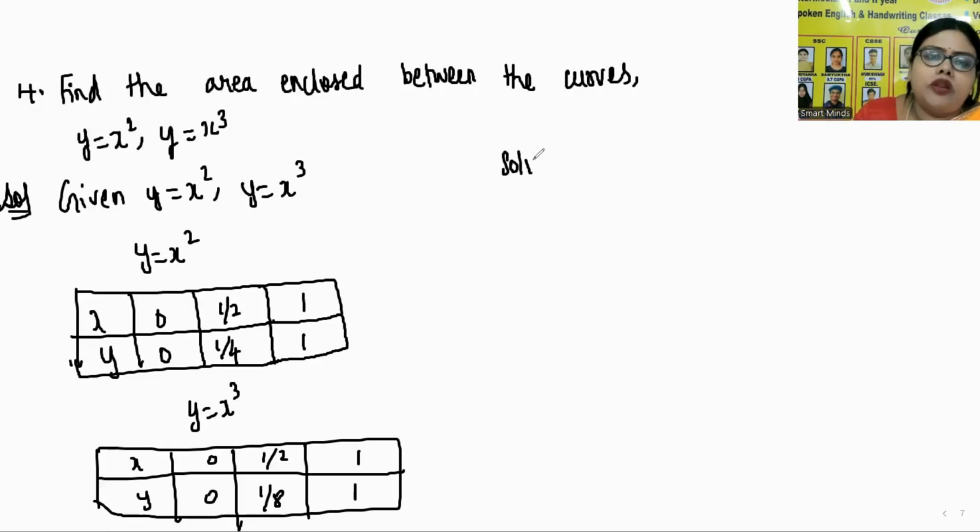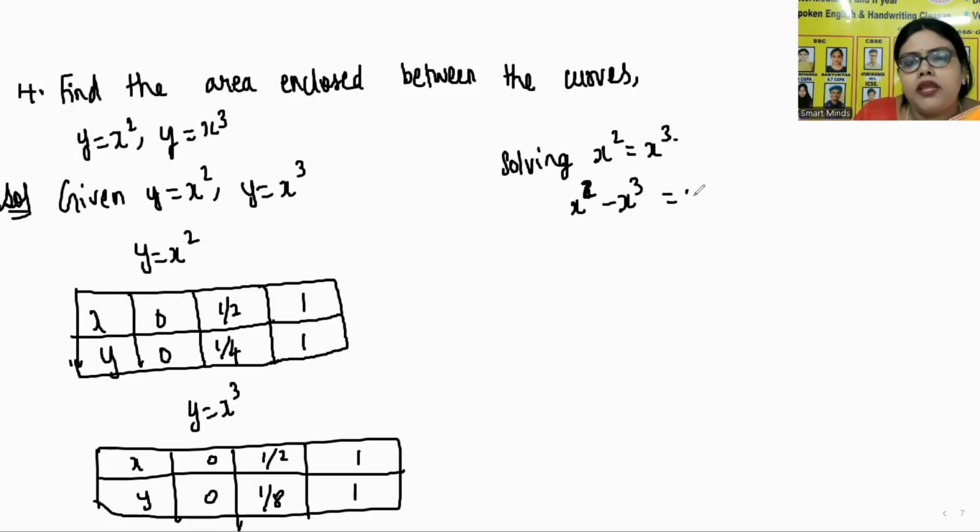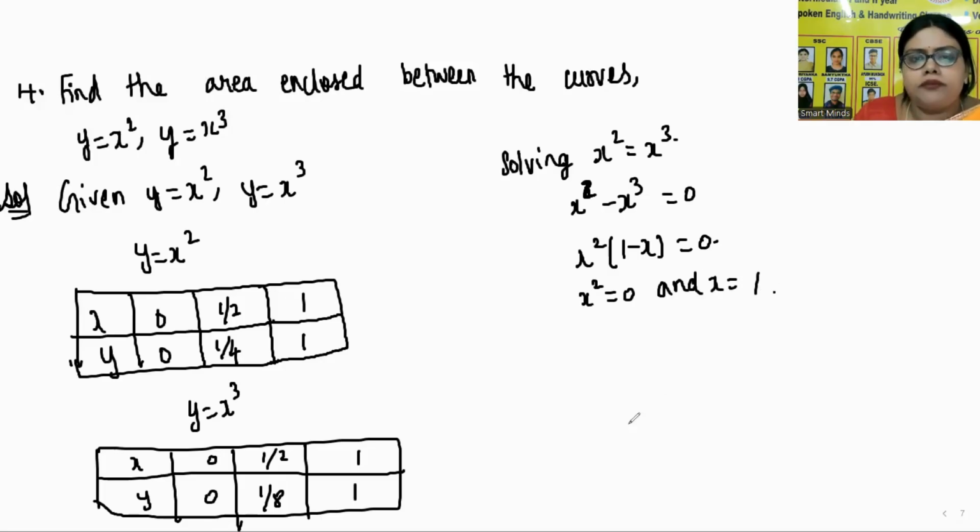Now if we solve x square equals to x cube, if we bring all terms one side, we will get x square minus x cube equals to 0. X square common, 1 minus x equals to 0. So x square is equal to 0 and x is equal to 1.